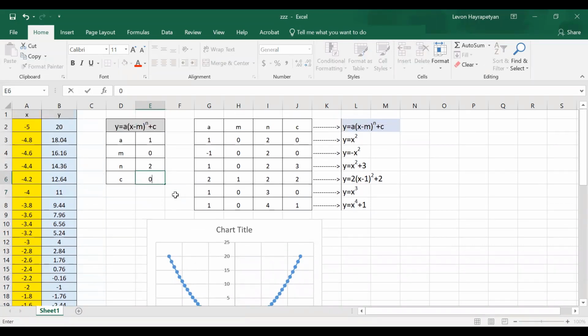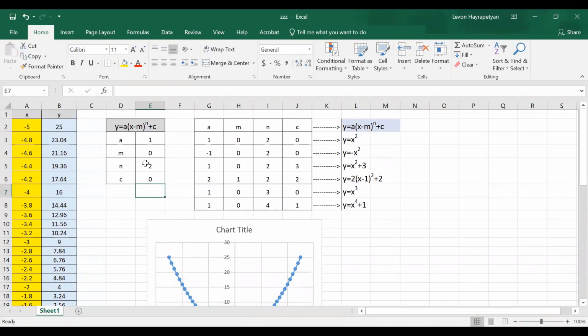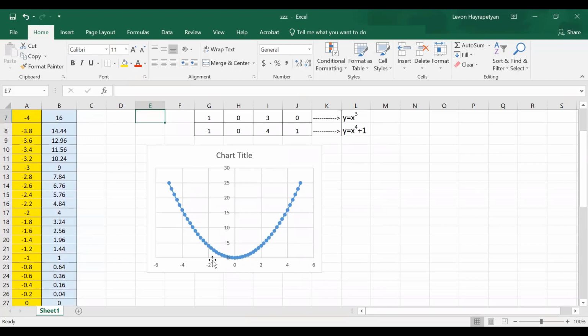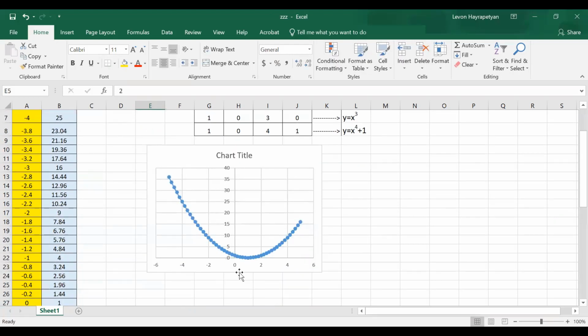Now let me go back to original x squared and play with the value of M. So M specifies by how many units the graph of the function will be shifted along the x-axis. So let's put here M is 1, and you can see that the graph was shifted by 1 unit.